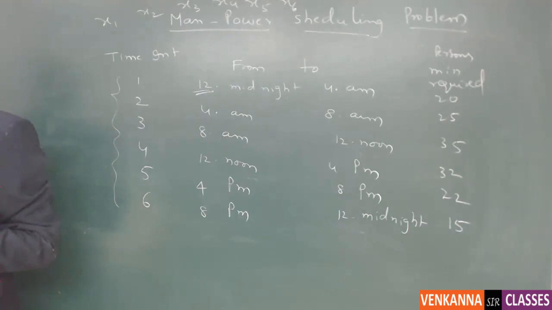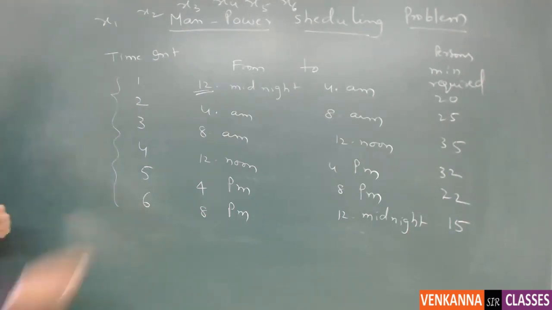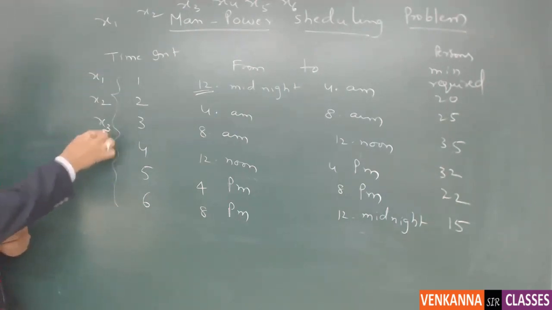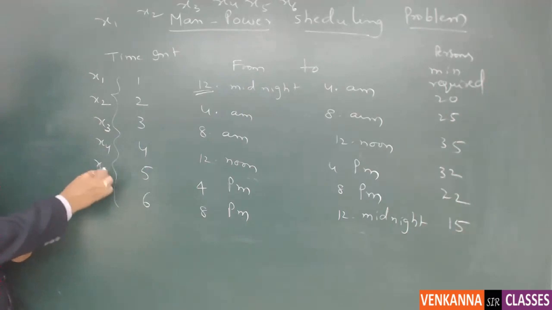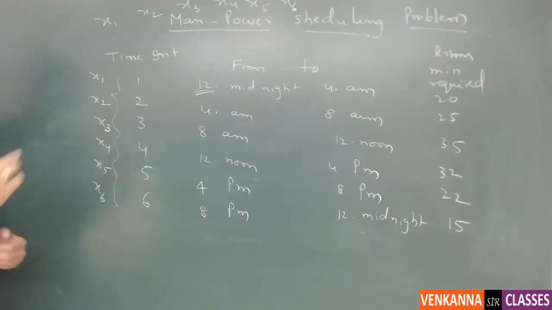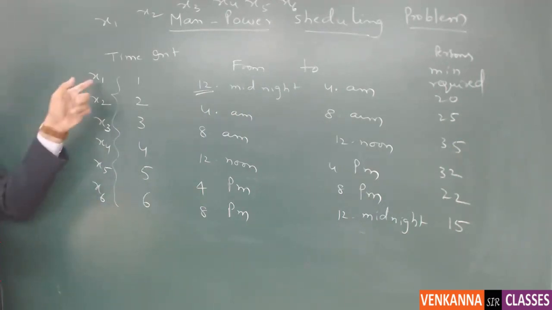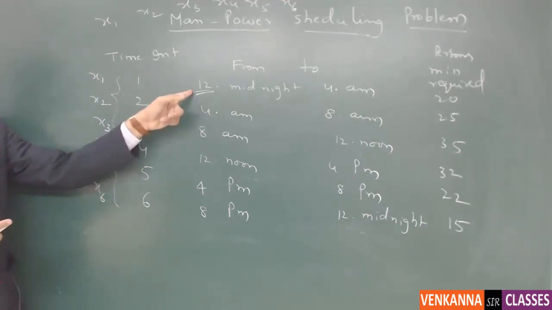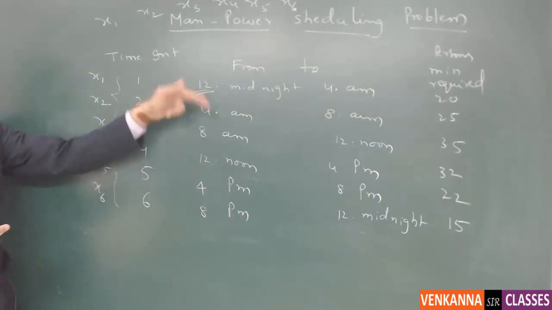Yes or no? So I am going to build up the constraints now. So this is x1, x2, x3, x4, x5, x6. Please understand that as and when a person enters for the first interval, he is continuously working for 8 hours.